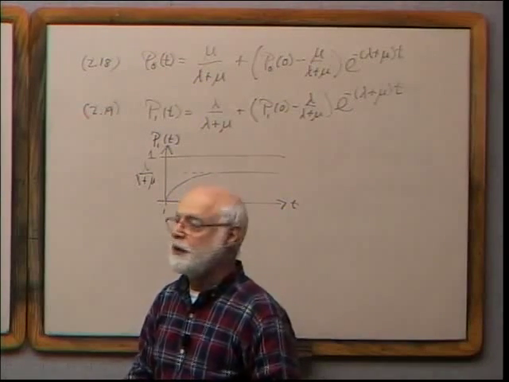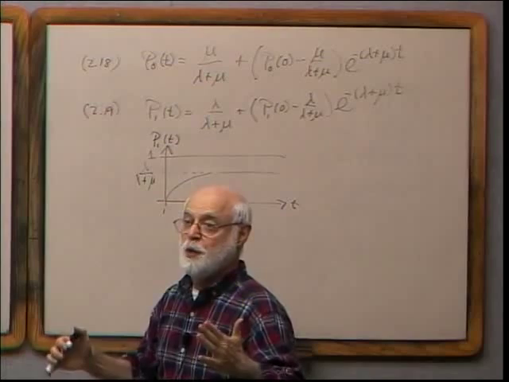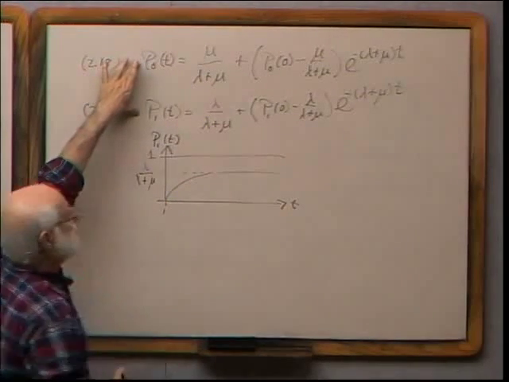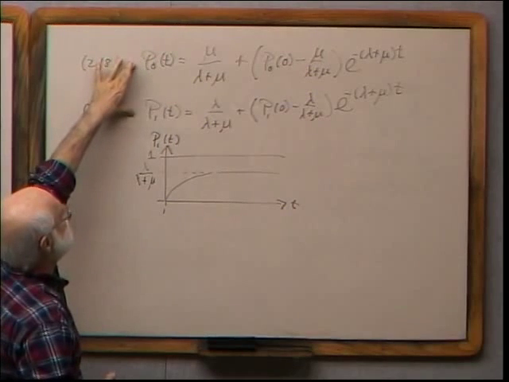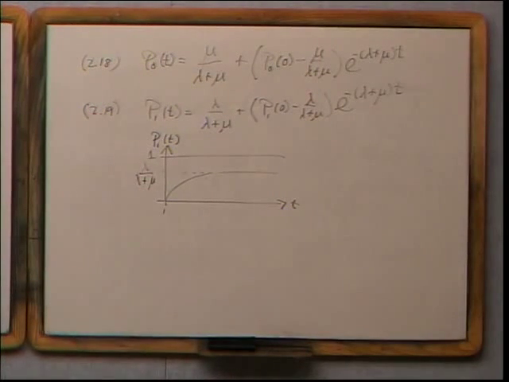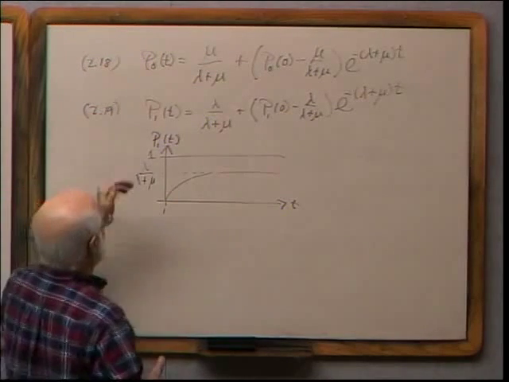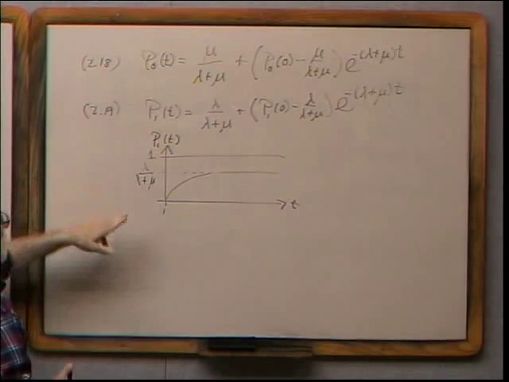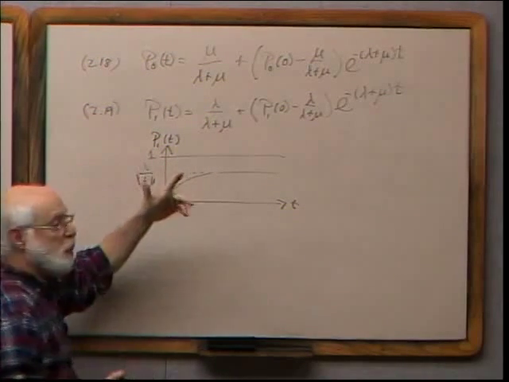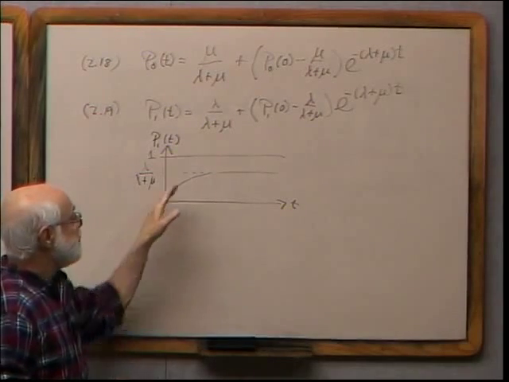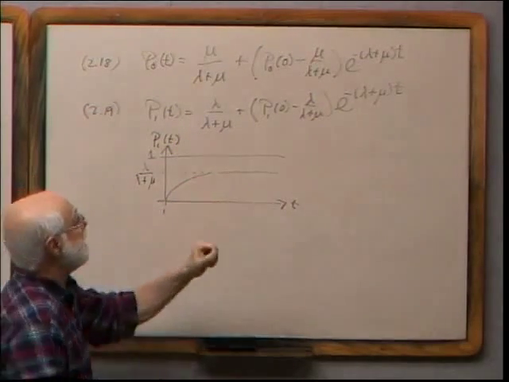We solved the equations, and we got the explicit formula for the probabilities of being in each of the states at time t. Then we noticed that if I drew the curve, it starts out at either 0 or 1, depending on the initial condition, and then it is asymptotic to this final value, which is right here. That would be the limiting value.